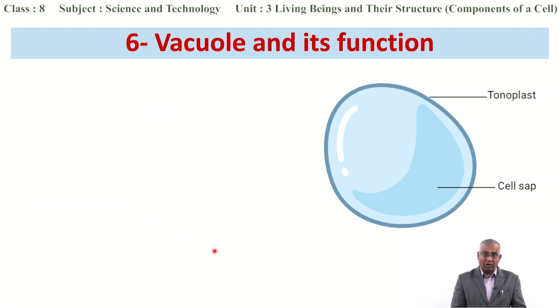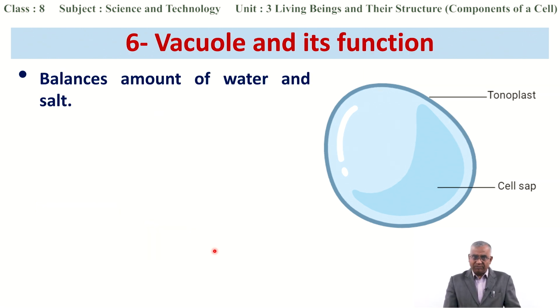Now its function: it balances the amount of water and salt, by collecting the excess amount of water and salt, if it is more in number. In transportation, the required substances are given and unnecessary substances are taken inside.